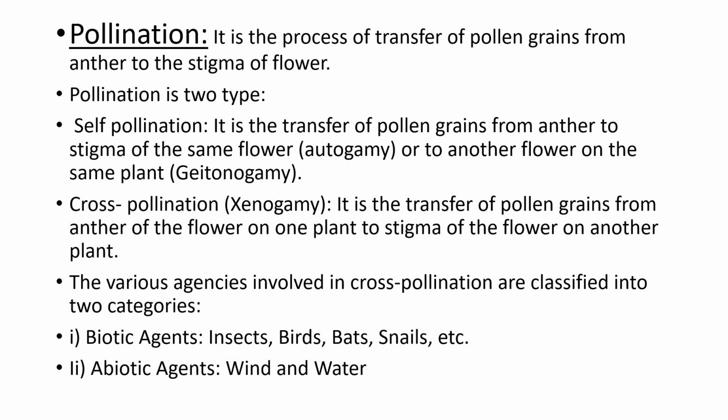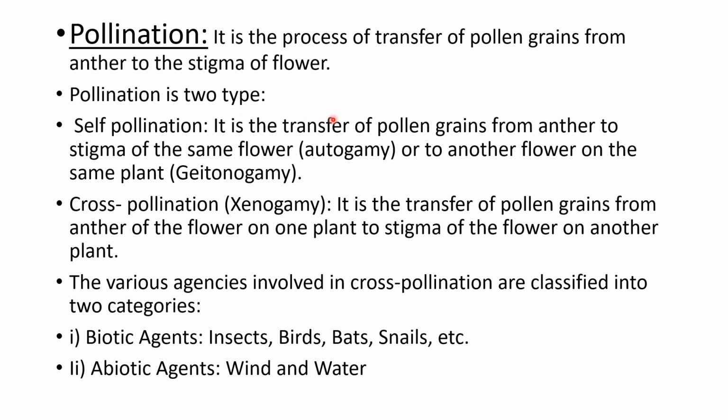Pollination. Pollination is the process of transfer of pollen grains from anther to the stigma of a flower. It is of two types, either self-pollination or cross-pollination. Self-pollination involves the transfer of pollen grains from anther to stigma of the same flower or to another flower on the same plant.